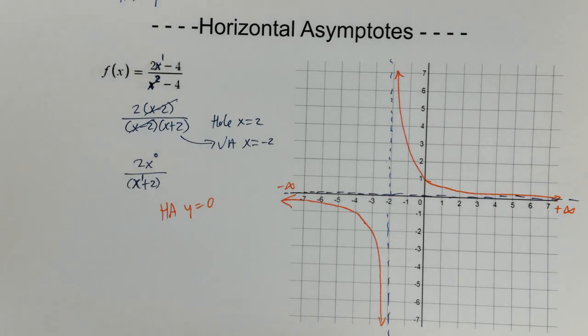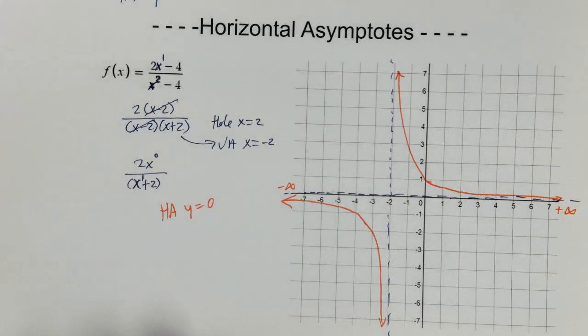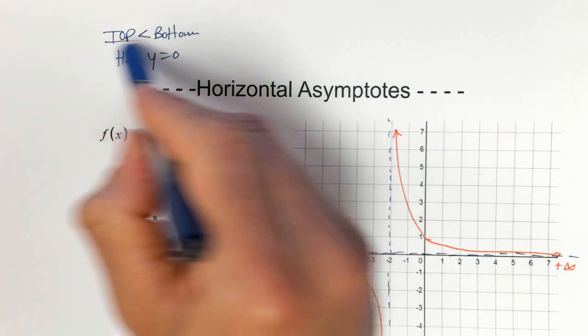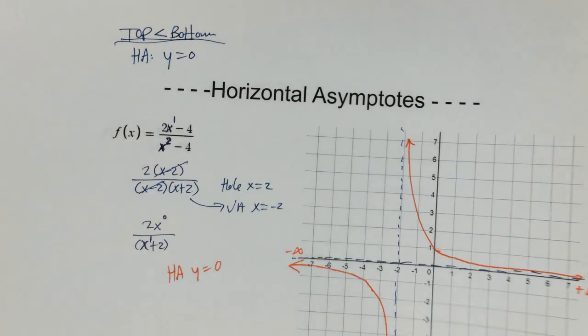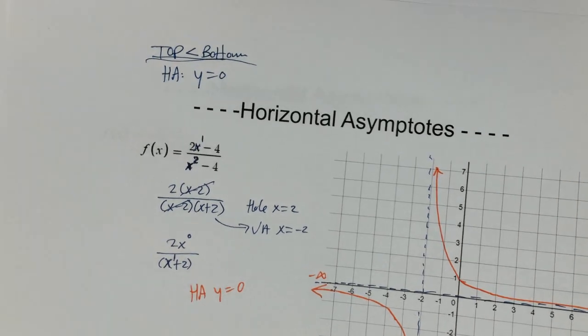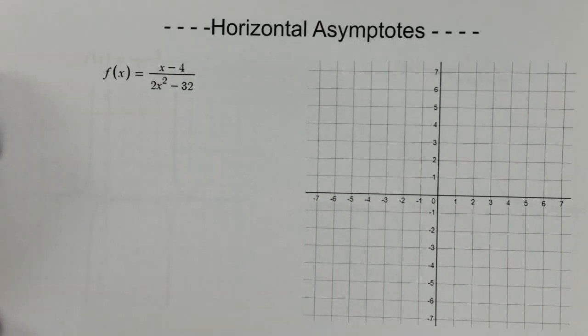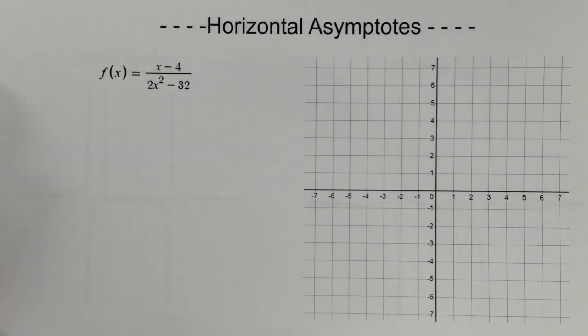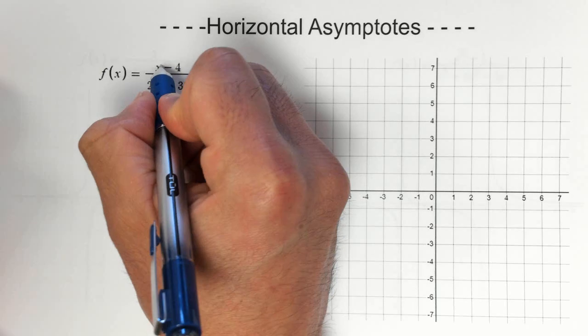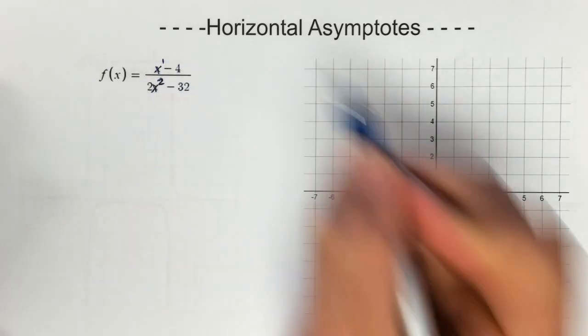Now, I do want to show you how sometimes, well, actually, let's do another example. Let's talk about another example using this rule. Notice how the top exponent is already less than the bottom exponent.